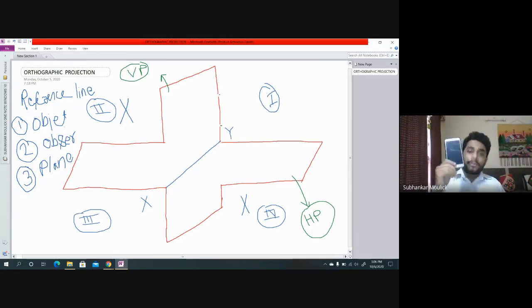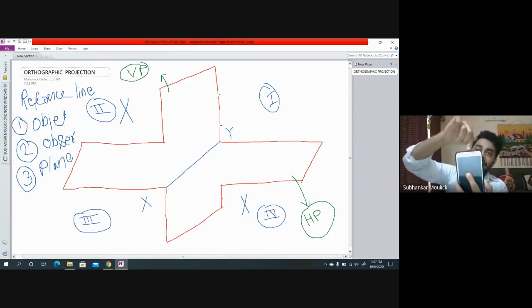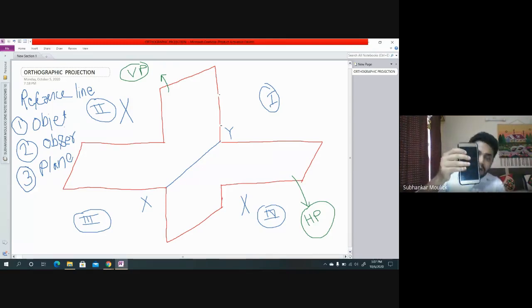If you are observing this object from your end, this is your front view, which you will get in the vertical plane. If the same object is seen from the top, you will get a view in the horizontal plane, and so on.